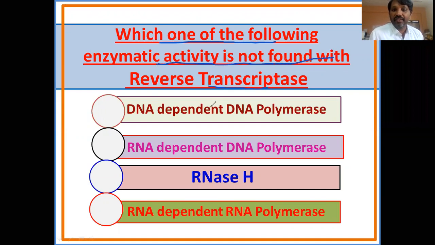Reverse transcriptase has DNA dependent DNA polymerase, RNA dependent DNA polymerase and RNase H activity, but not RNA dependent RNA polymerase. Hope you understand the various enzymatic activities of reverse transcriptase.